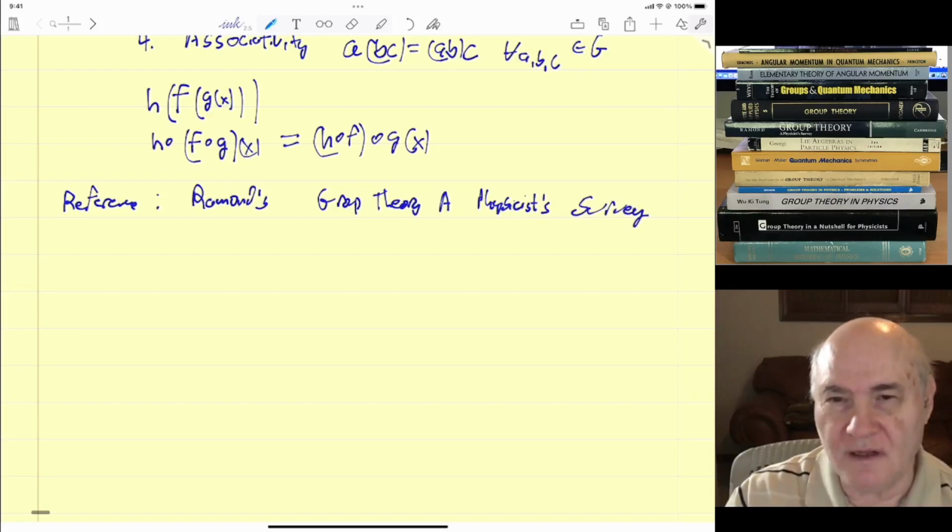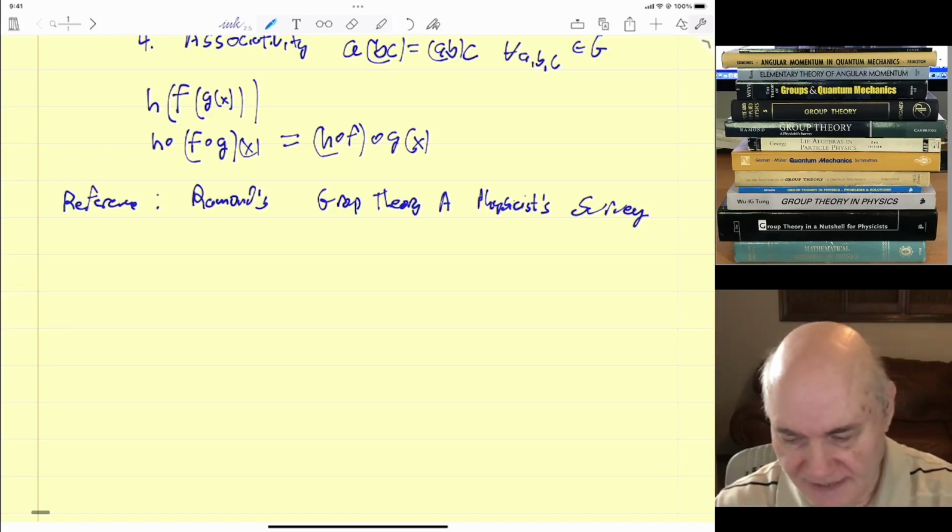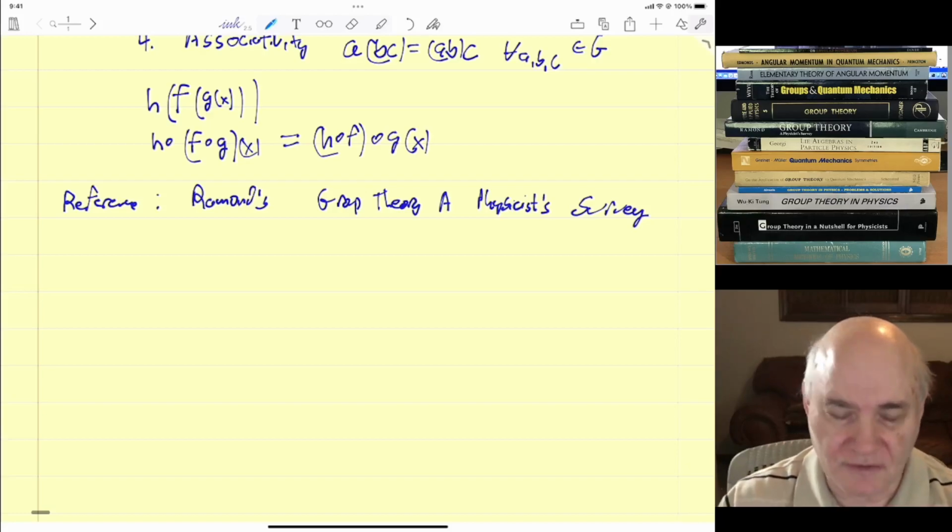He discusses low order groups, I think up to order 13. I'm not going to go that high. I'm probably going to stop at 6. But I just want to go through the low level groups, and these are things you might encounter. They have some use in physics.